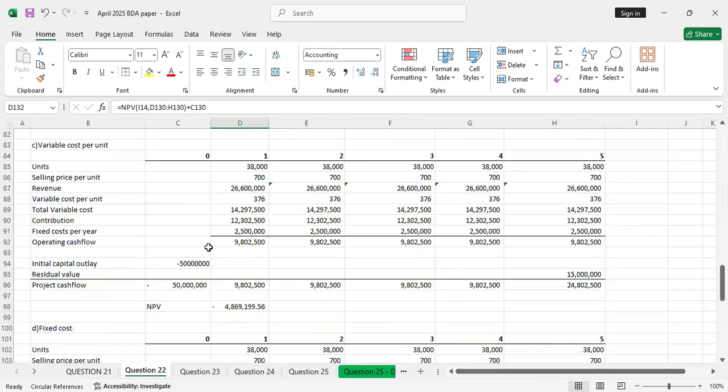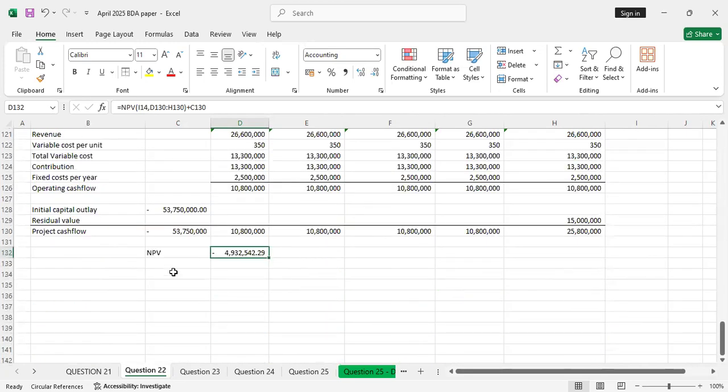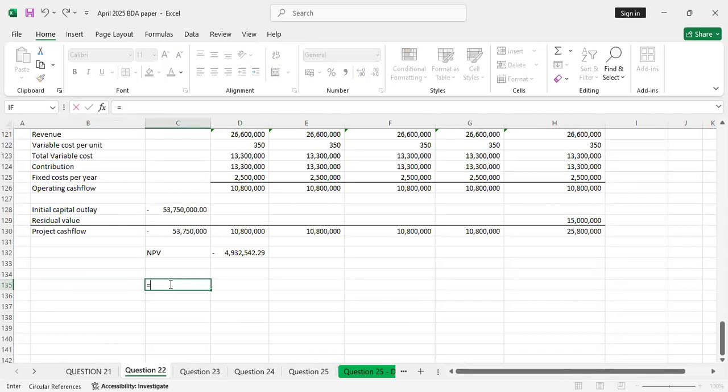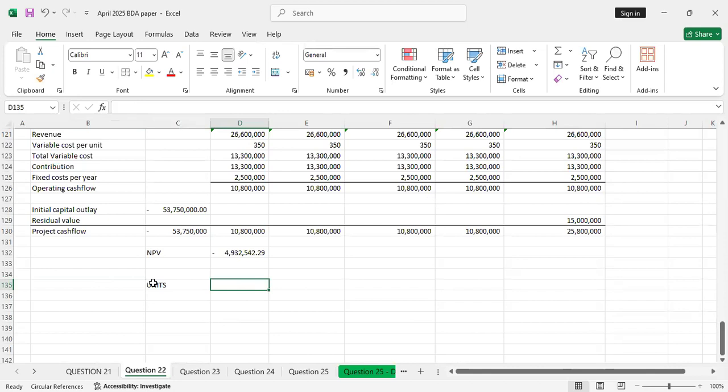So this is what I will do to prepare a graph. We'll have units. Let me just say units, using small letters.